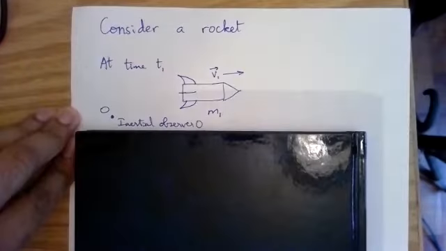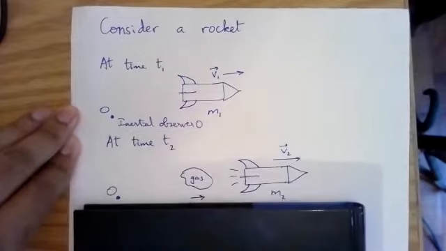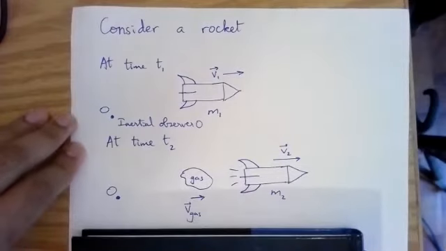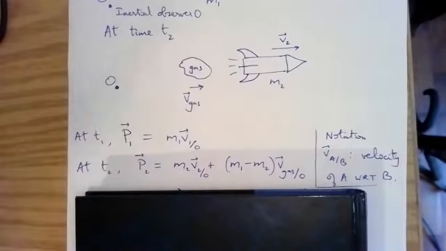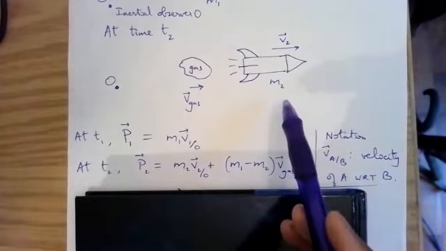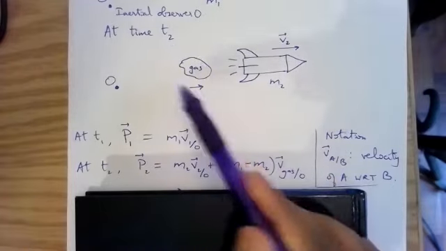At time t1, the rocket has a mass m1 and a velocity v1, as seen by an inertial observer O. At time t2, the mass of the rocket is now m2 and its velocity is v2, and it has expelled some gas, which could be heading either backward or forward, but we will say that it has a velocity v gas as seen by the observer O. Now, our system here actually doesn't change its mass because we will include both the rocket as well as the gas.